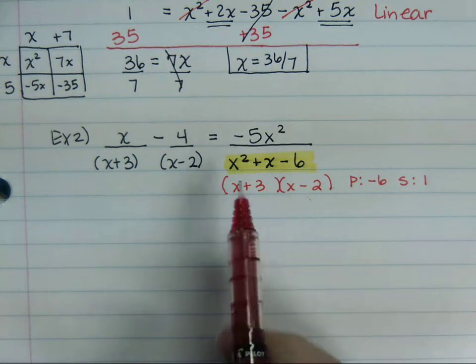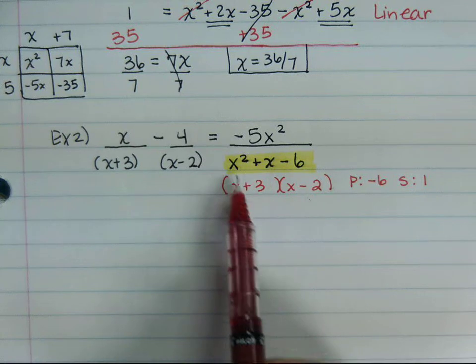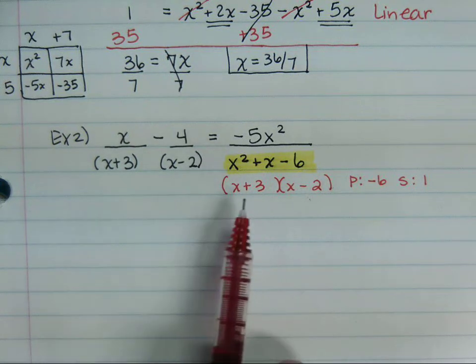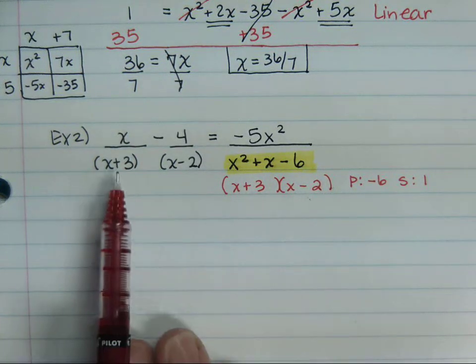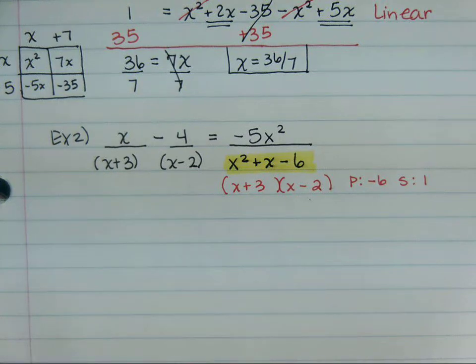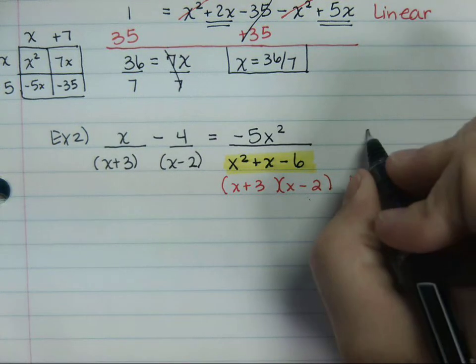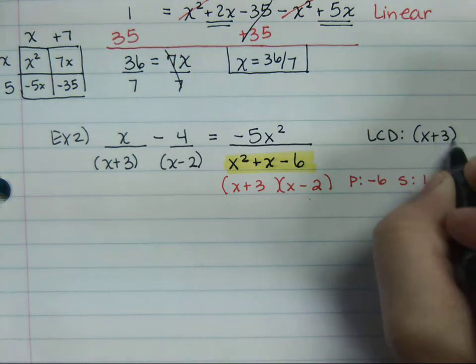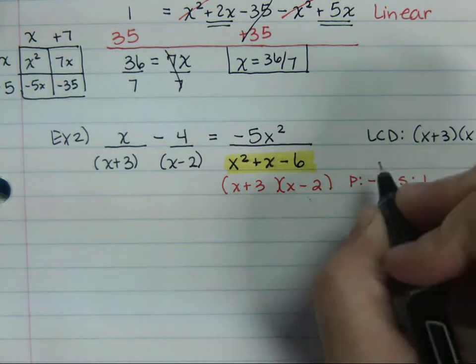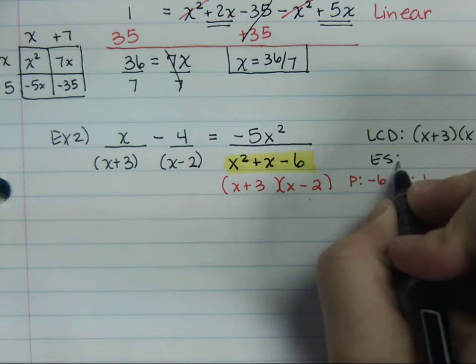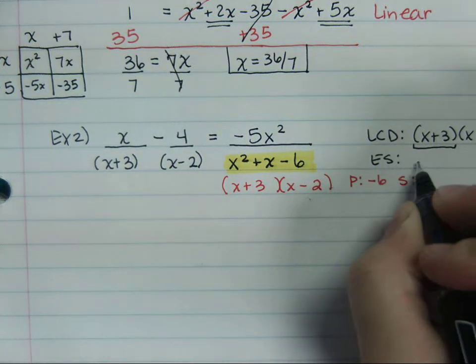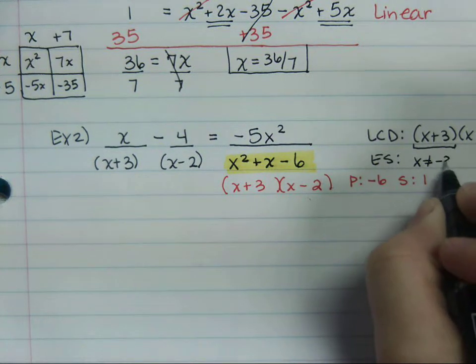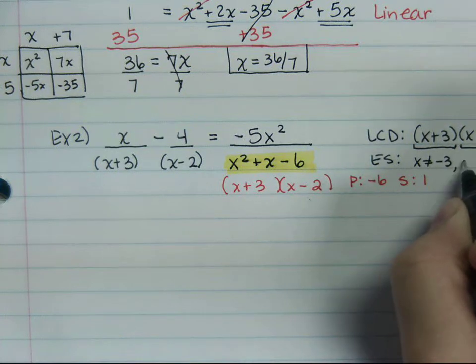So again, this larger denominator, the one that has more factors, actually had the two factors I needed that were also present in the other two fractions. So my LCD is going to be that larger denominator. So again, x is not allowed to be negative 3 or positive 2.